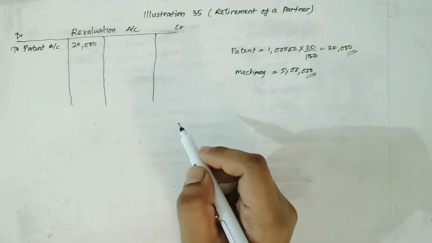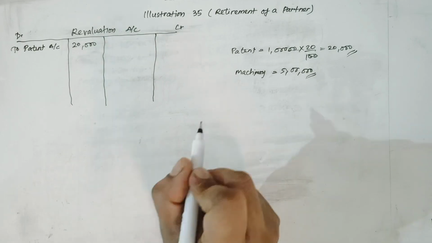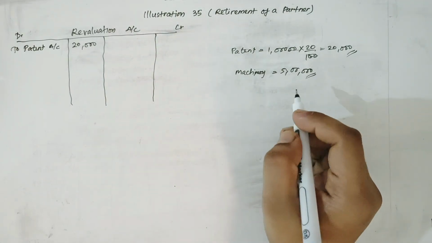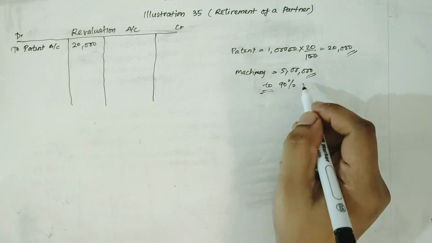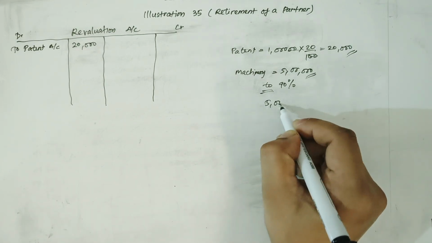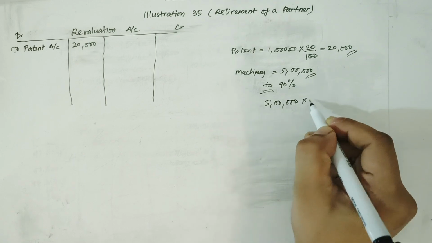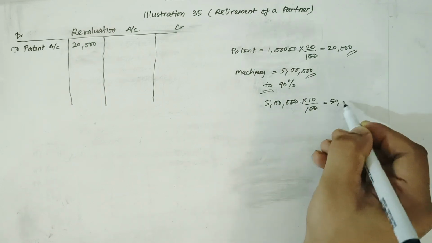Okay, the machinery also is reduced to 90%, which means there is a reduction of 10%. 10% of 5 lakh is 50,000.